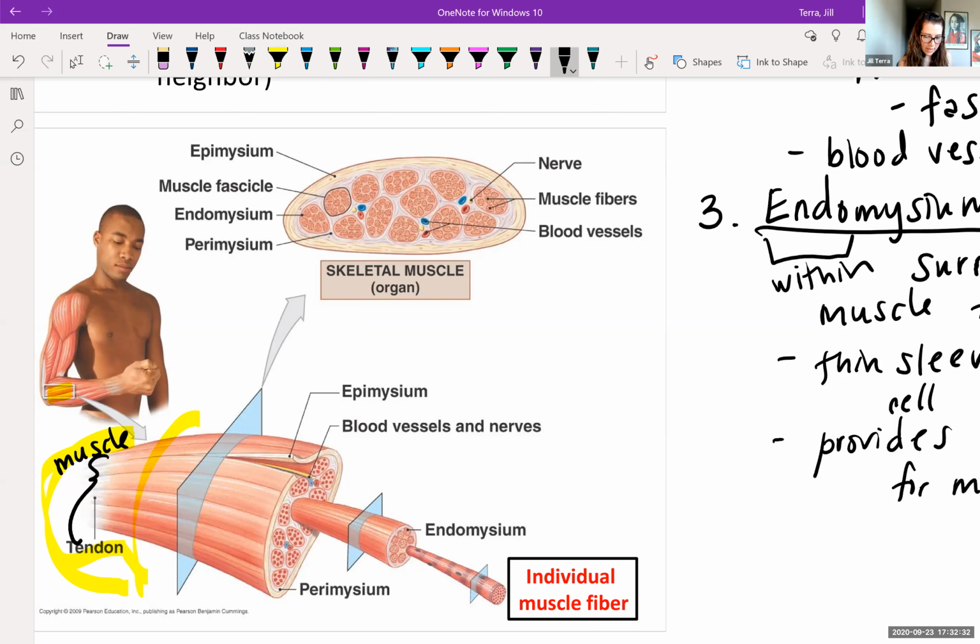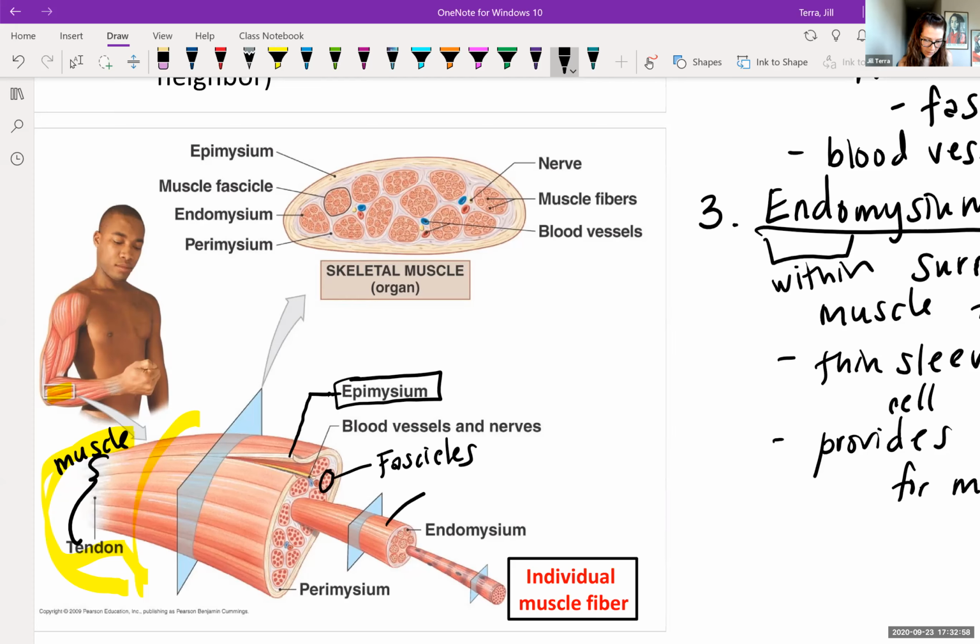Okay, so then this outer wrapping that we see on this outside surface, that's kind of peeled back here, is the epimysium, a very outer wrapping. We peel it back and we can see inside there are all these little circular bundles. These are all the fascicles.